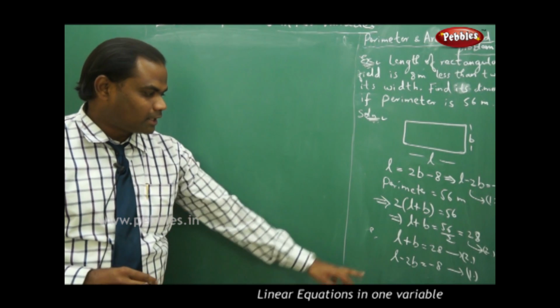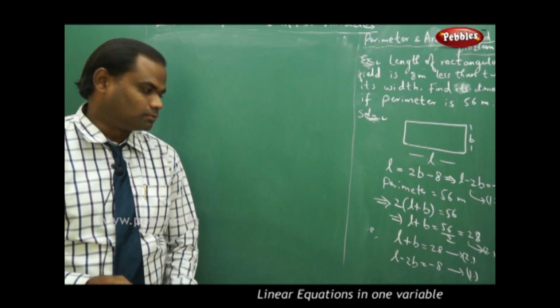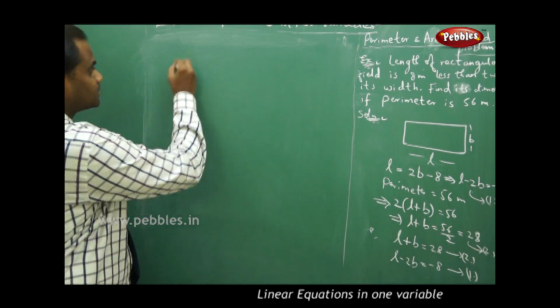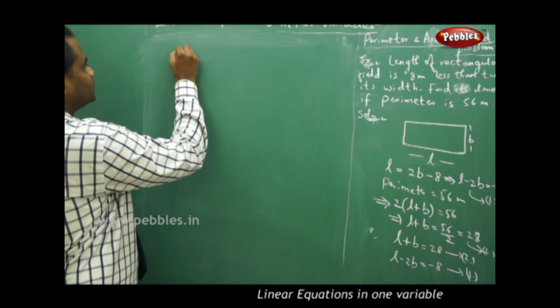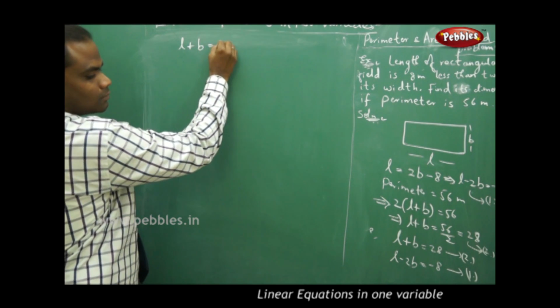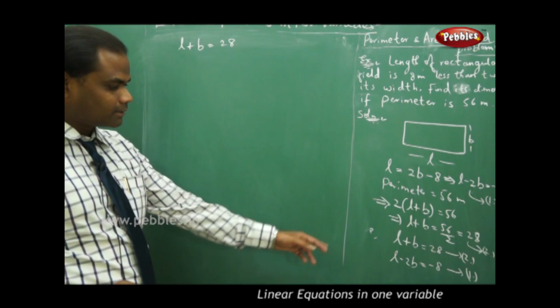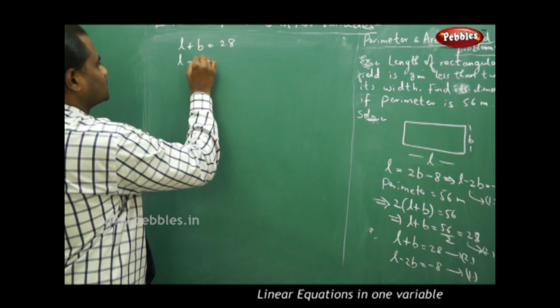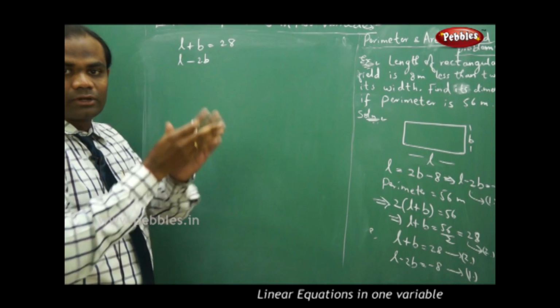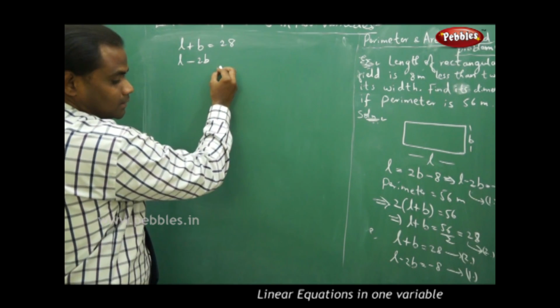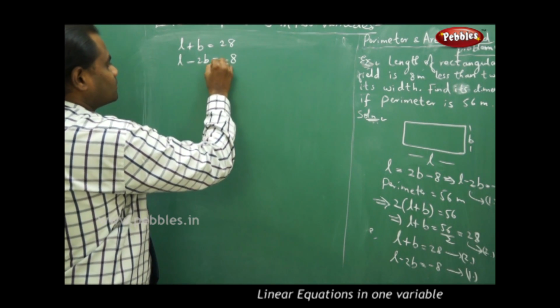So continuing from there, I would like to solve equation 1 and equation 2. I take equation 2 here as L plus B is equal to 28, and then I take equation 1 below that with all L in one column and all B's in the second column, equal to negative 8.